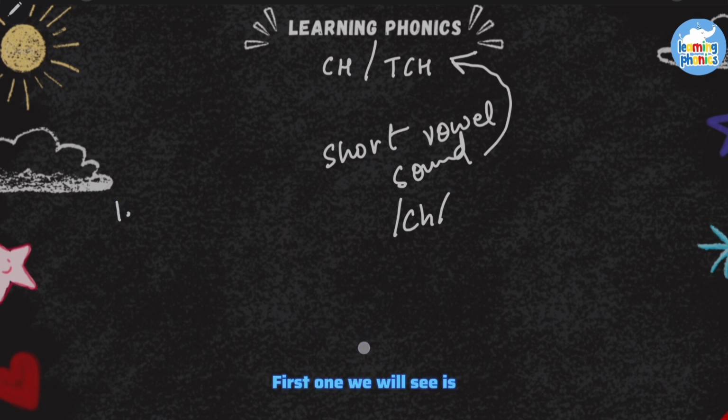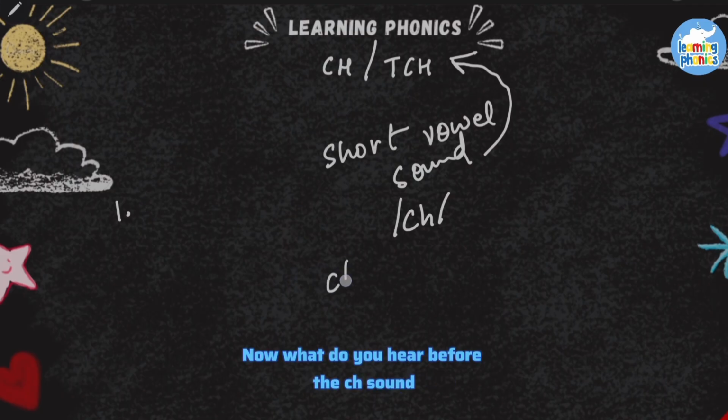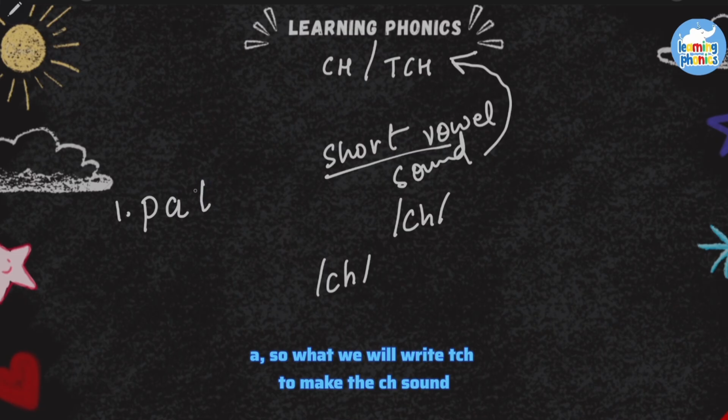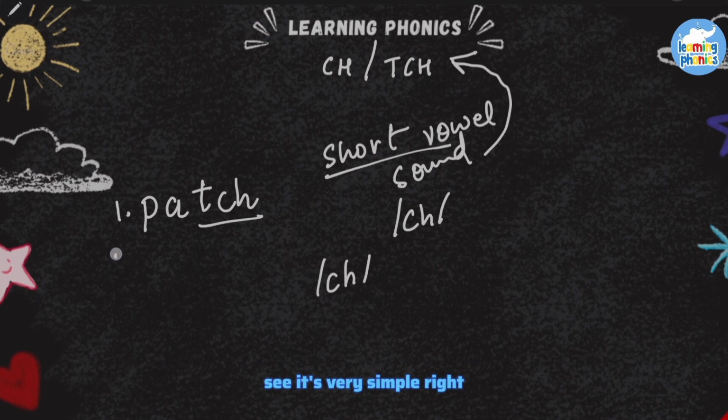First one we will see is patch. Break it down. A, ch. Now, what do you hear before the ch sound? A, right? That is a short vowel sound. So, what will we write? TCH to make the ch sound. See, it's very simple, right?